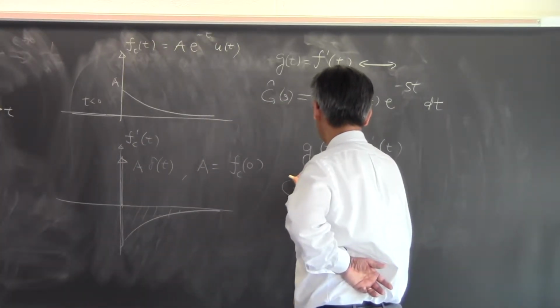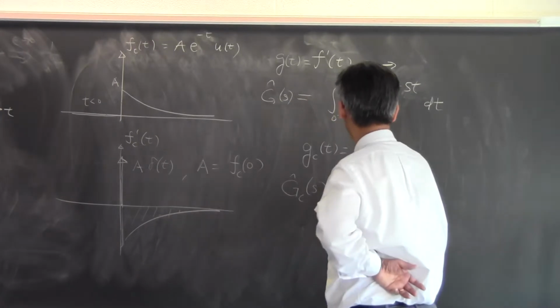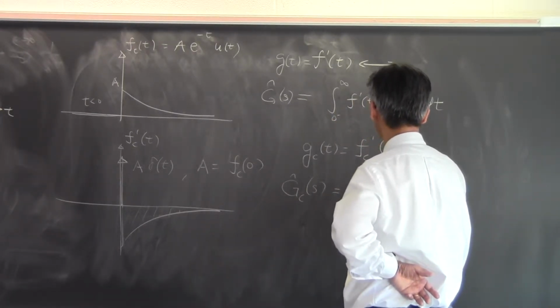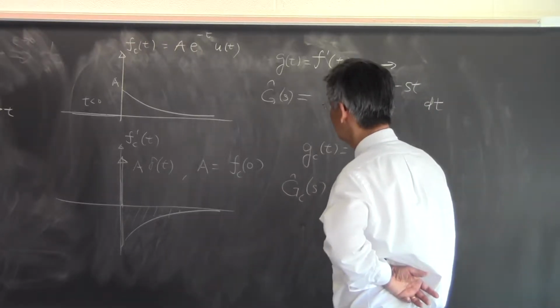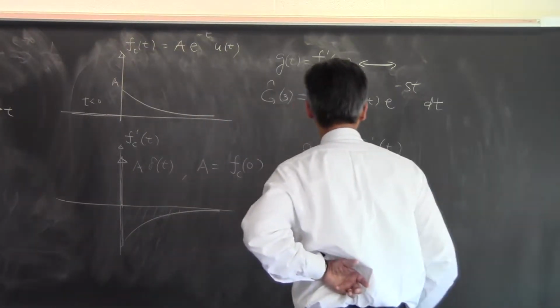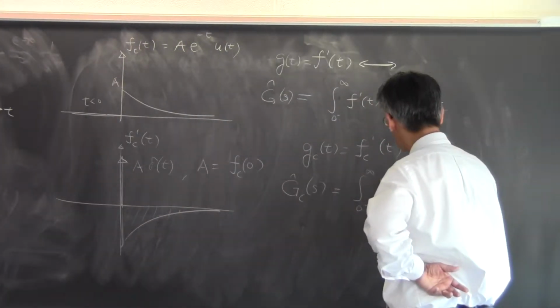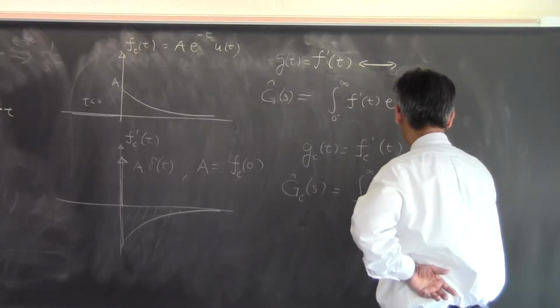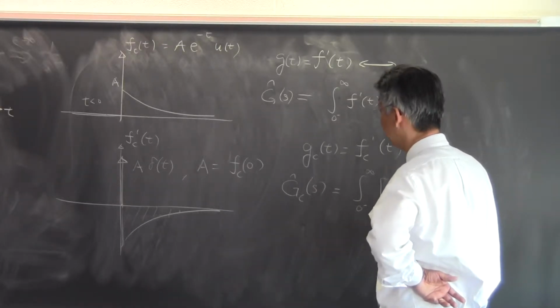So if I were to find the Laplace transform of this, I would have the integral from 0 minus to infinity of something that exactly looks like f prime of t, but then you have an additional term, which is the delta function term.